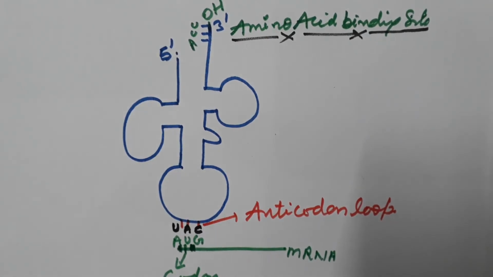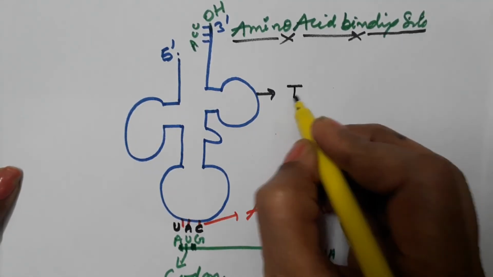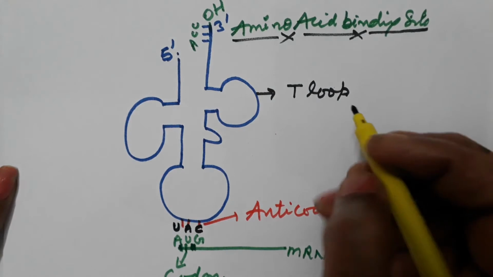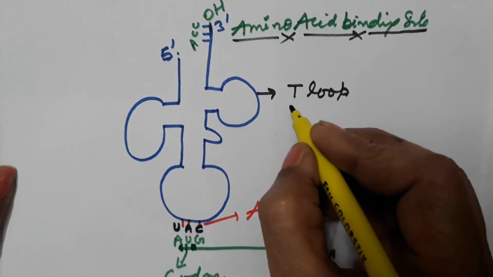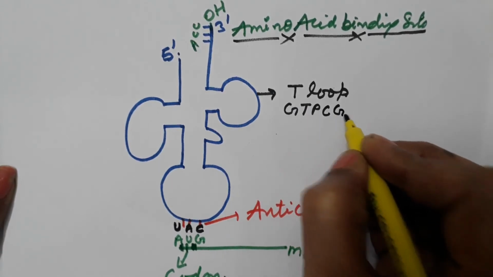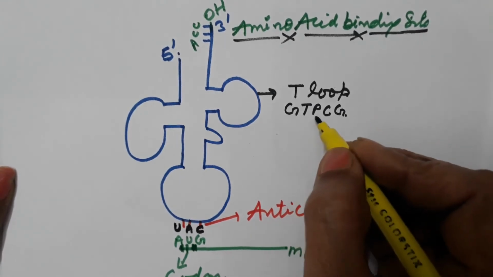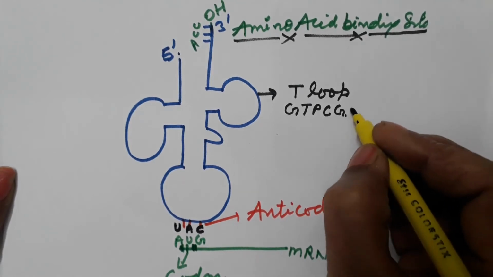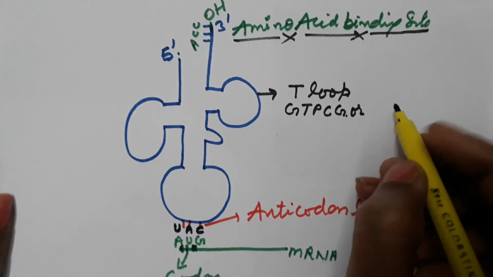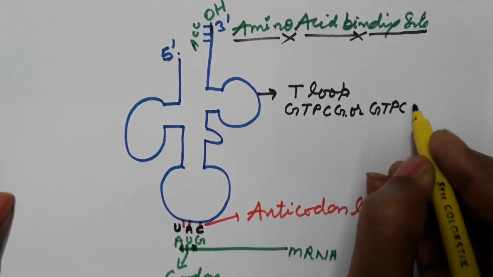Another loop which is towards the 3' end is known as the T loop. It is also called the GTPCG loop as it consists of a base sequence of 5 nitrogenous bases, or it may consist of GTPCGU.